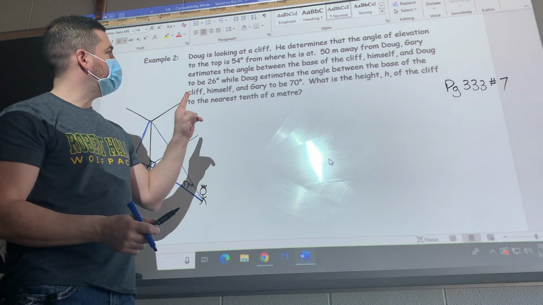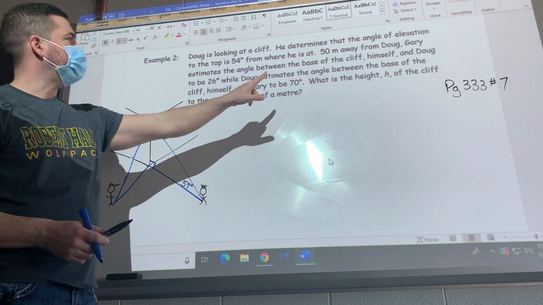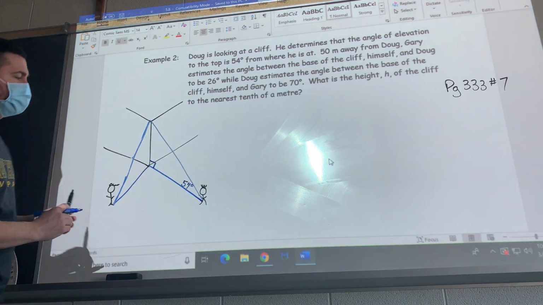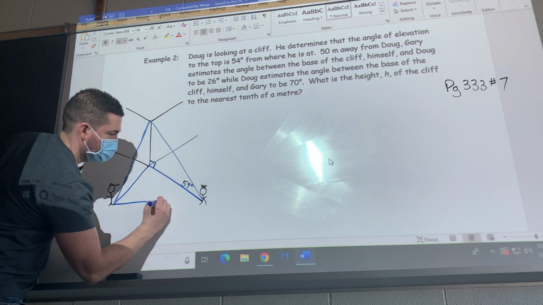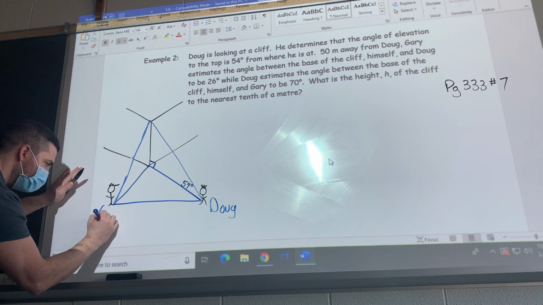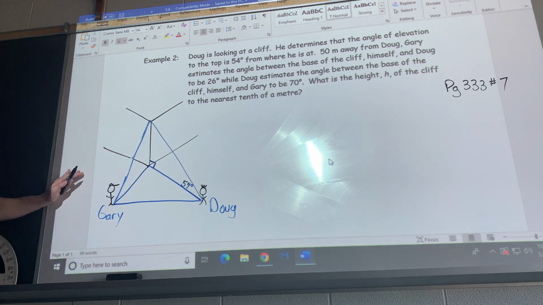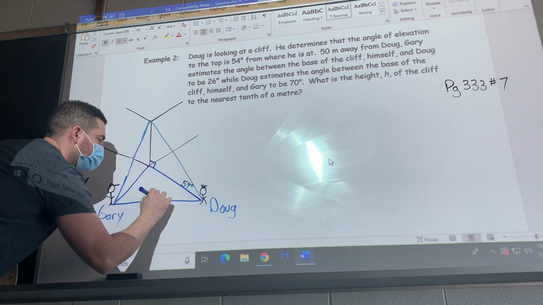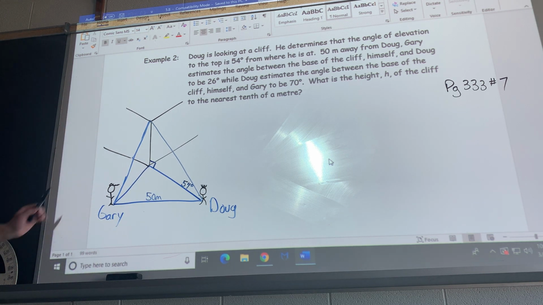Okay, so then 50 meters away from Doug. So this is Doug. This is Gary. And they're 50 meters away. He estimates the angle between the base of the cliff, himself and Doug is 26 degrees.